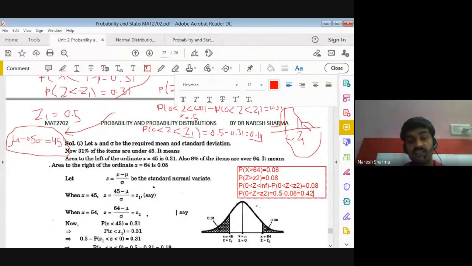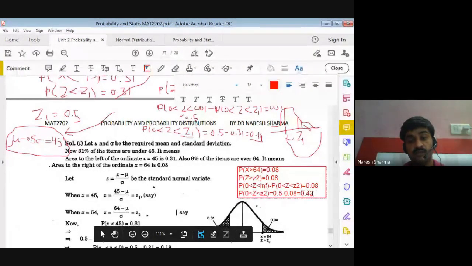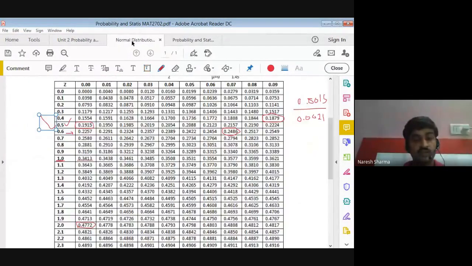Right, now we see the table where this probability 0.42 lies. So go to the table. If you see, 0.42 is this one, nearly 0.42, and this one also.